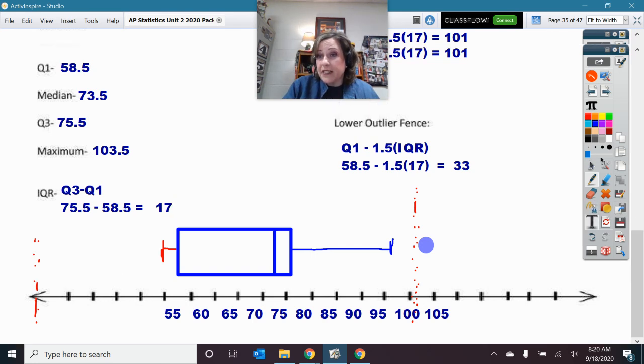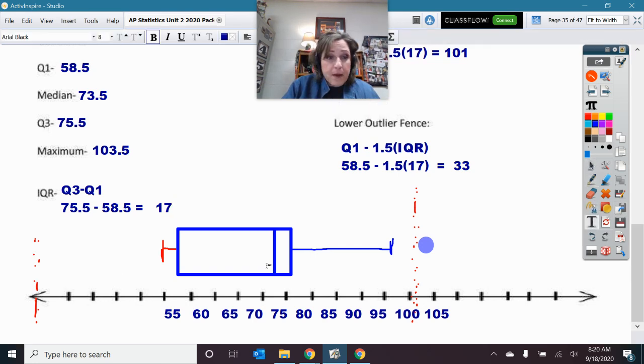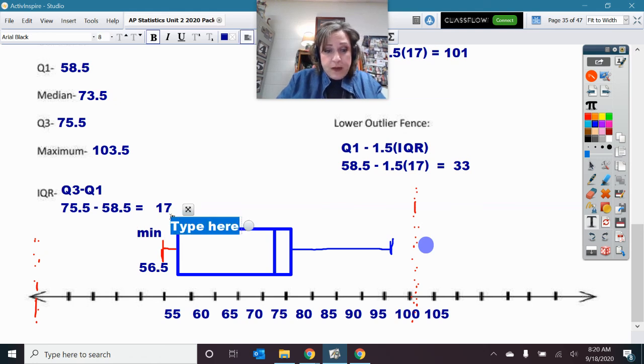Now, of course, that's how you make a box plot, but we do need to make sure that we are labeling those. And what I usually do is, and I don't know if I can do this fast enough for you, I'm going to put this here. I put the numbers on one side, and then I label that as the minimum on the top side. So on the top side, I'm going to put min, and that this was my Q1, and that this was my median, okay, and then that this was my Q3, and so on.